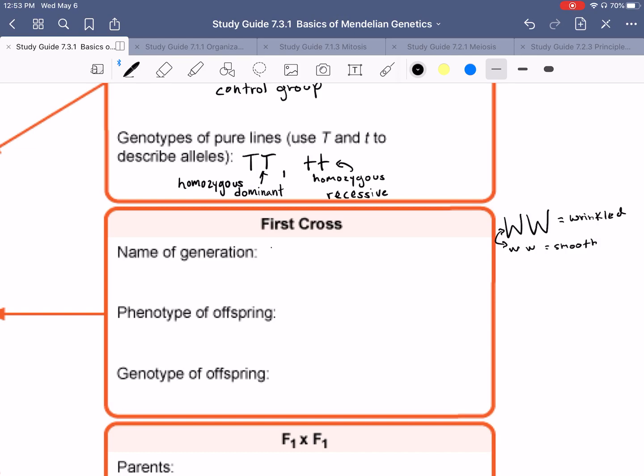We call these the F1 generation. So let's do this little quiz. According to the theory of blended traits, what would be the result? The blended theory would maybe predict that the offspring would be a blend of wrinkled and smooth.